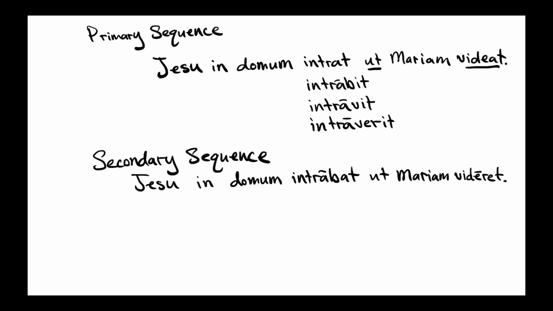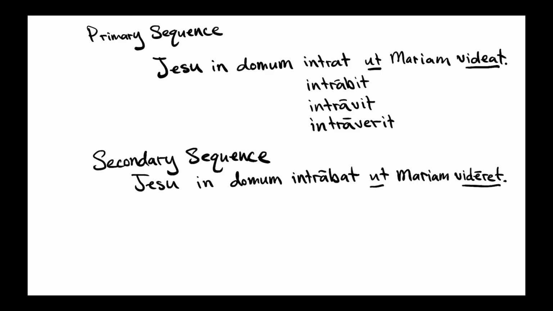Notice that there's ut and videret. Notice that videret is translated just like videat, translated exactly the same. Even though videat is present and videret is imperfect, they both show contemporaneous action with their respective main clause or main verb, primary sequence versus secondary sequence.